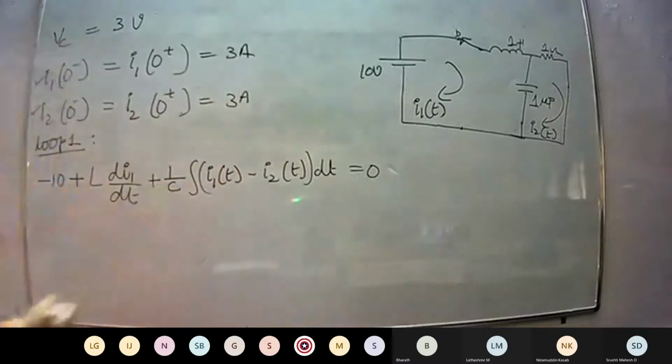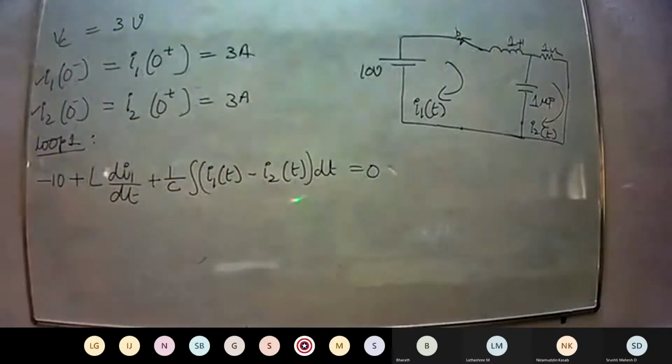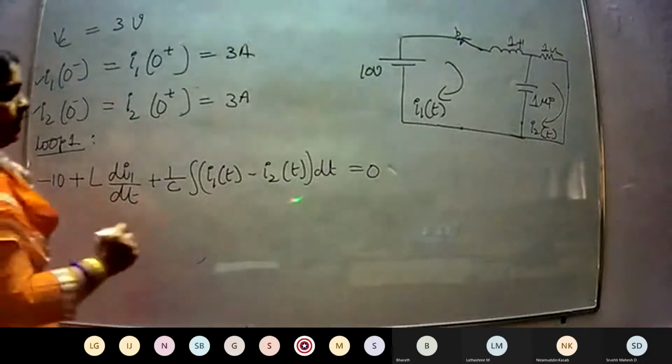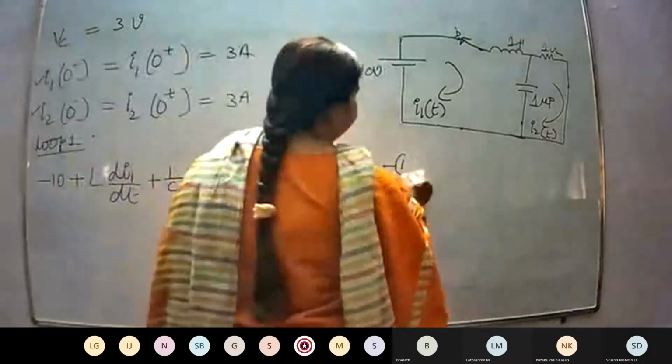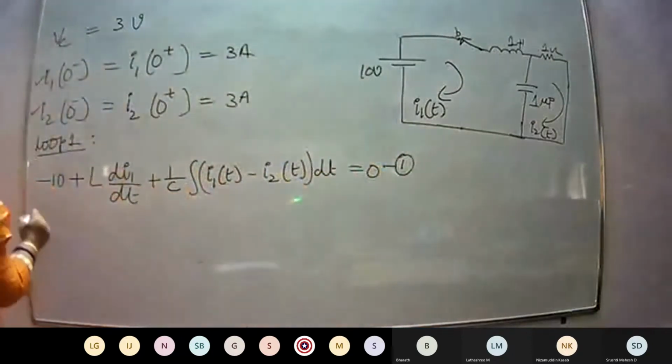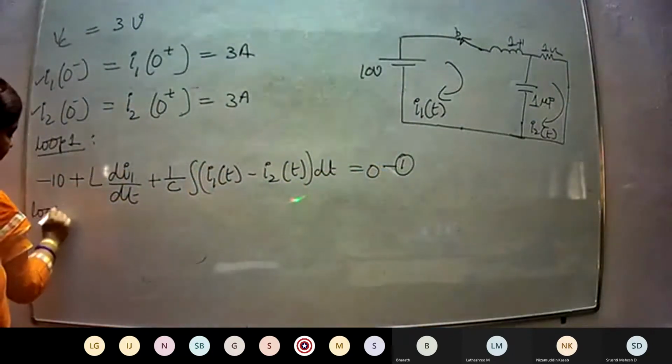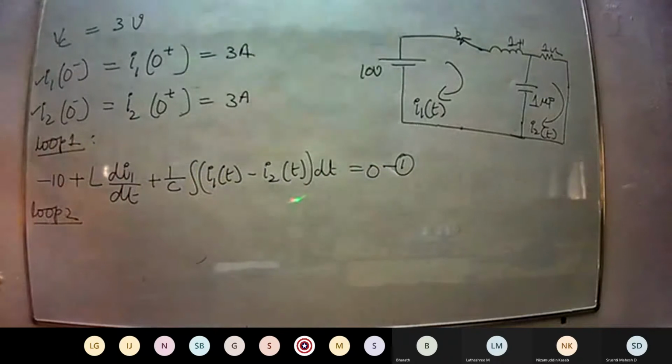You can write separately also: integral of I1 of t dt minus integral of I2 of t dt, is equal to 0. That is the loop 1 equation. Call it equation 1. Now tell me the equation for loop 2. Loop 2. We have only a capacitor and a resistor.